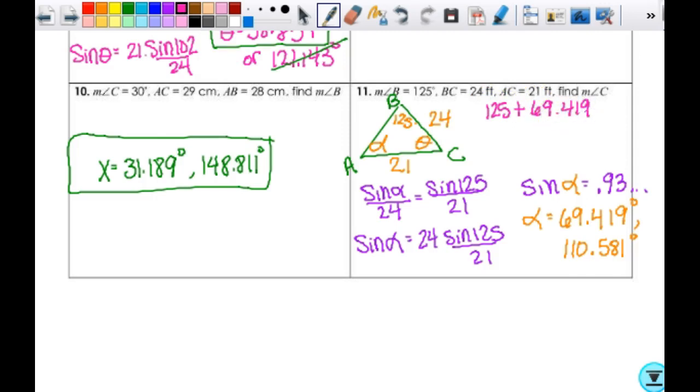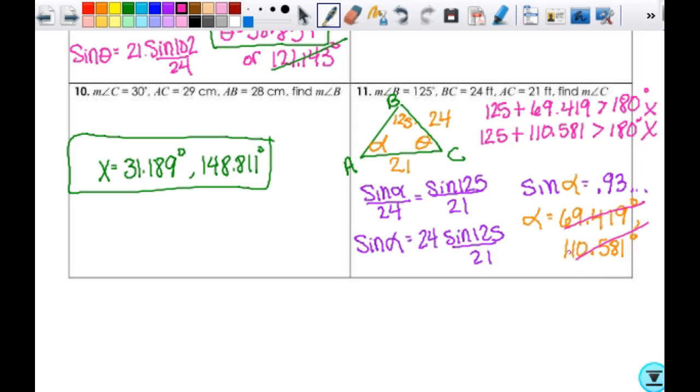Well, when I do that, 120 plus 60 is 180. So this is greater than 180, and this one does not work. That's a big no. When I take the 125 plus 110.581, that's definitely greater than 180. So that one doesn't work either.